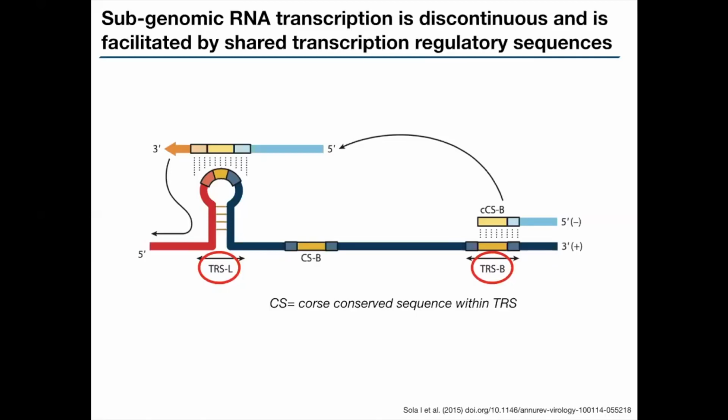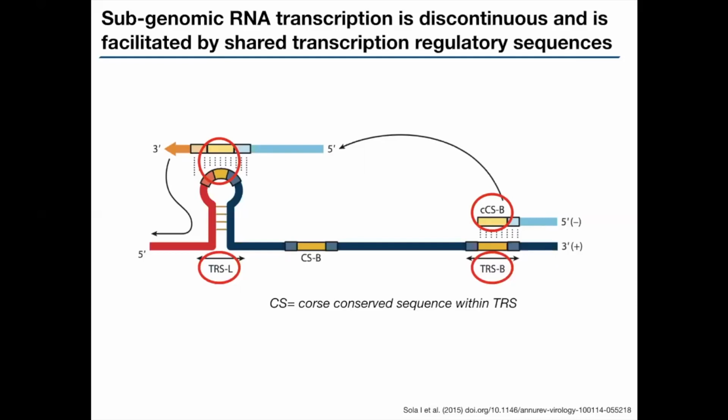These are conserved TRS sequences, these transcriptional regulatory sequences. And so as the polymerase is coming and copying the genome, it's going to reach these TRSs, which are at the 5' end of each of the genes. There's a core, highly conserved sequence within these TRSs. This is called the core sequence, or denoted as CS here in yellow.